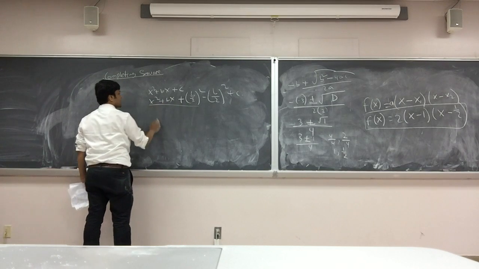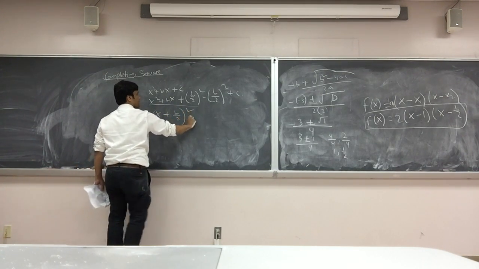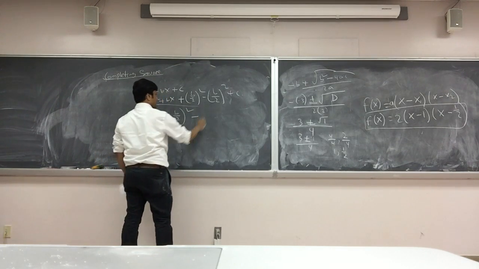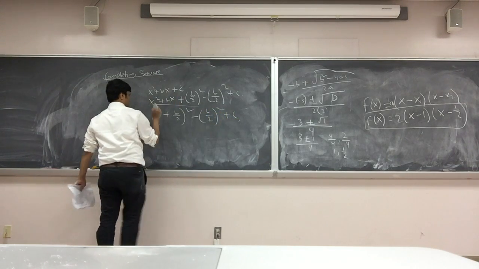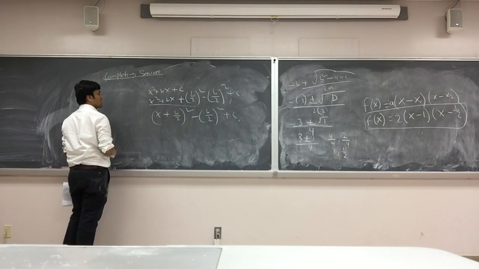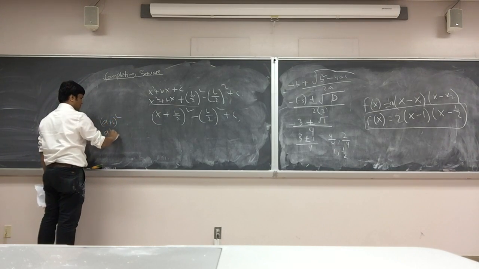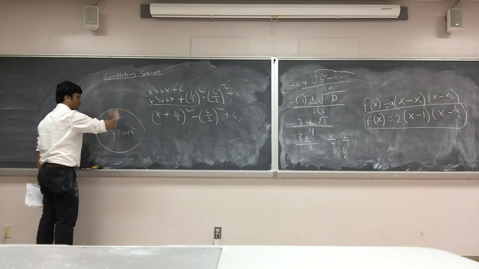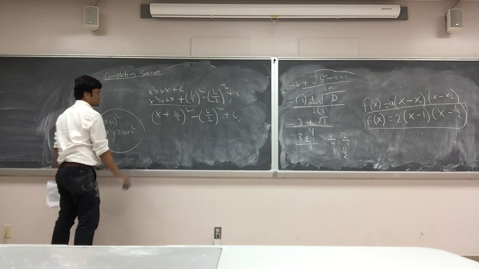So this part is (x plus b over 2) squared minus (b over 2) squared plus c. We can say that because (a plus b) squared gives us a squared plus 2ab plus b squared. That's the binomial formula.